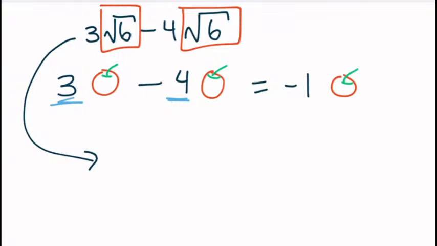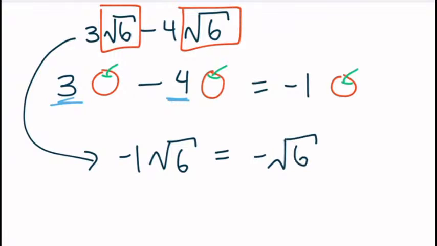So if you solve this problem, since we use the same numbers as the apples example, we're going to get -1 radical 6. And when you write the number 1, you usually default it and you just write the positive or negative. So we're going to rewrite that as negative radical 6. And so that's our final answer.